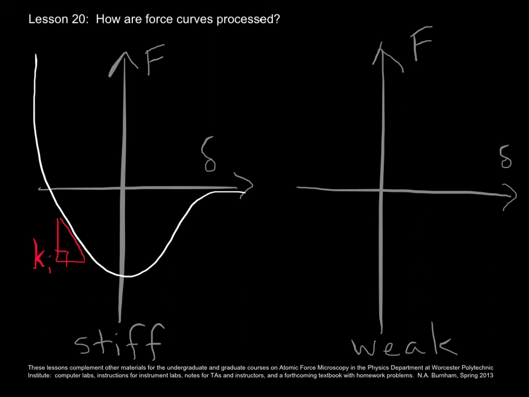Here on the left, I've redrawn the force as a function of separation or indentation depth curve for the stiff cantilever, the one we've been talking about, and hurrah! The slope is the spring constant for the tip-sample interaction. What would that curve for the weak cantilever look like once it's processed?